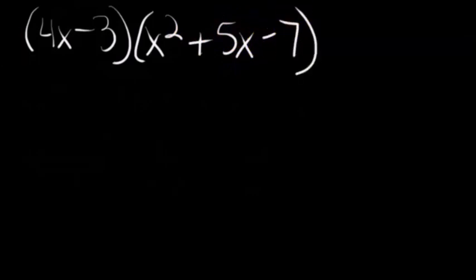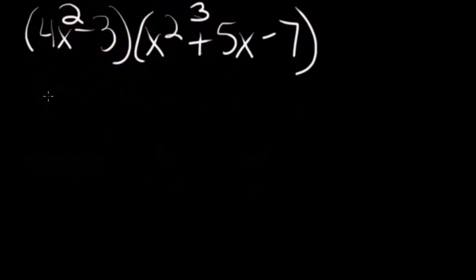A binomial has two terms, and a trinomial has three terms. Once I multiply these terms together, I will get 6 terms in all. So 2 times 3 will be 6.